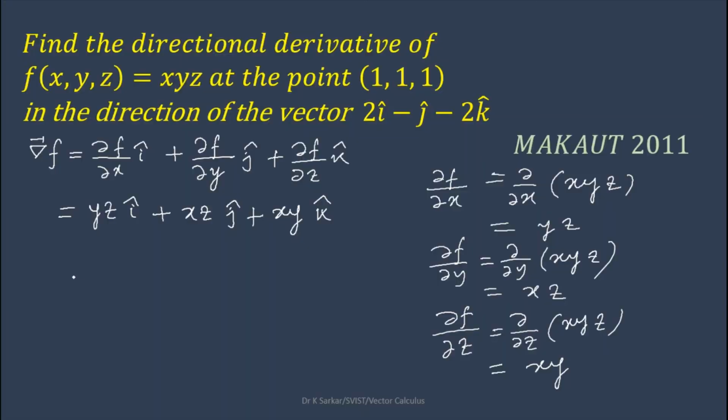Now the directional derivative in the direction of the vector 2i minus j minus 2k. Say the vector is a, then it is grad f dot the unit vector of a.